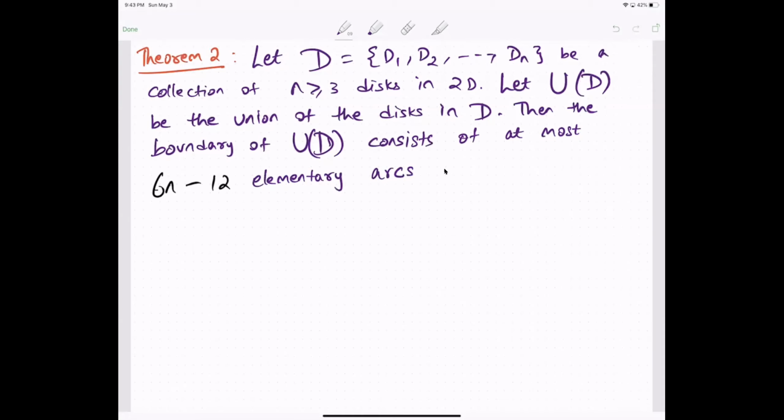What is this? Yeah, the arcs are the ones that are defined in the previous slide, or the boundary arcs, whichever way you want to. And actually, this is not an arbitrary upper bound. This bound is actually tight.